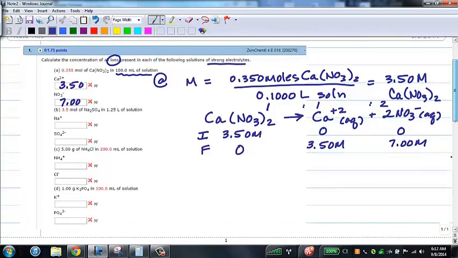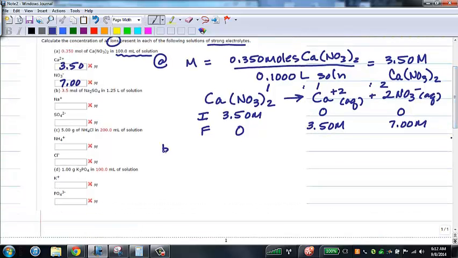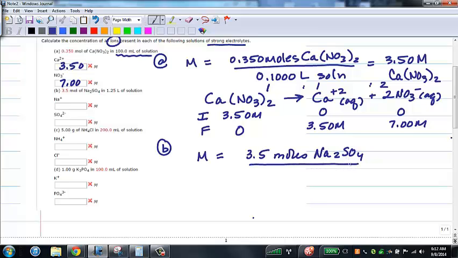For part B, we have a very similar problem. We're told the moles of sodium sulfate. So if we want to calculate the molarity of sodium sulfate, we need to take that value for the moles of sodium sulfate and divide it by the volume of the solution.